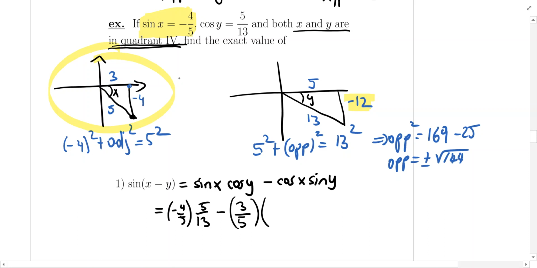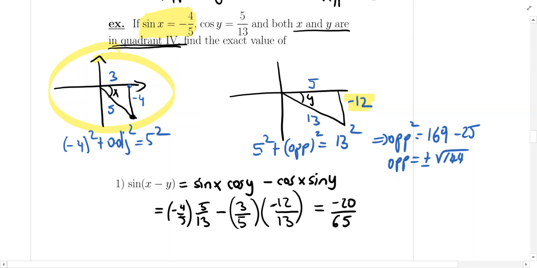And then sine of y, again, we were not given what sine of y was, but by looking at our triangle, we know that sine of y is opposite, which is negative 12, over hypotenuse, which is 13. So if we calculate this, this should be negative 20 over 5 times 13, 65.